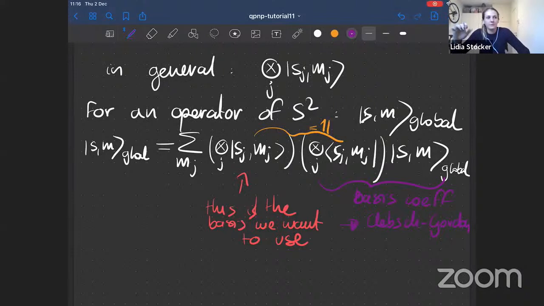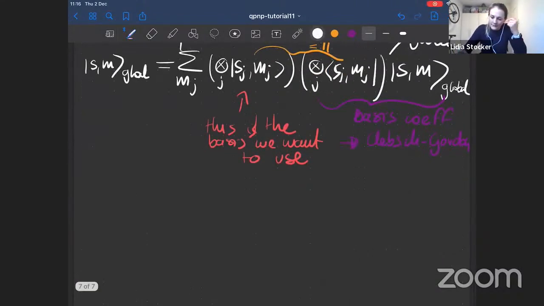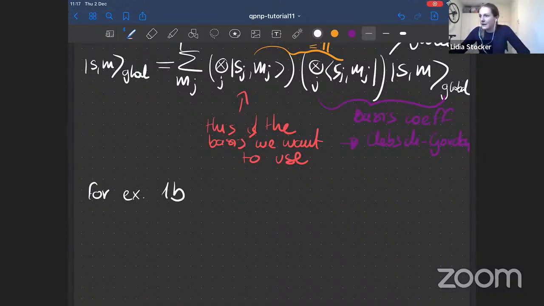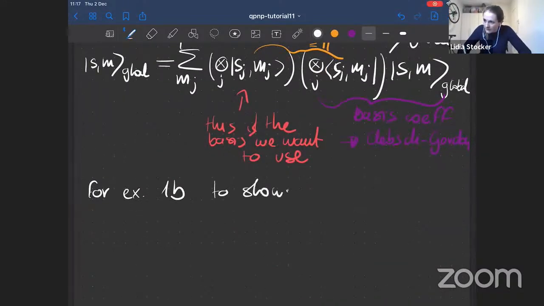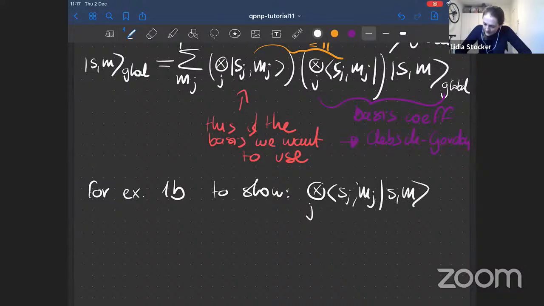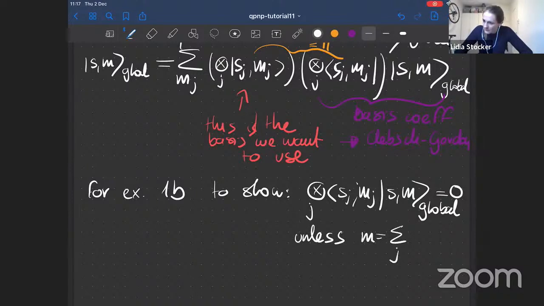And this is exactly what we want to calculate when we add spin particles. This is also what you did for the spin 1/2 case. So for exercise 1b, you have to show that the superposition of a product state and a state which is an eigenstate of the S2 operator is 0 unless m is equal to the sum over m_j.